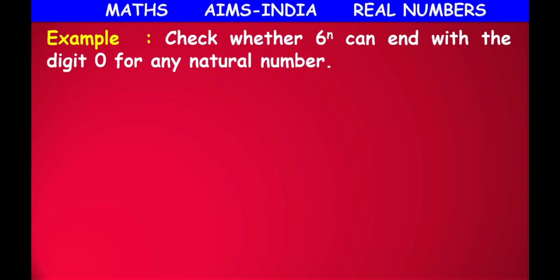They are asking whether it will end with the digit 0 for any natural number. Means in 6 power n, in the place of n, we can take any natural number like 1, 2, 3, 4. If we go on taking the natural numbers, in that value, at one's place, whether 0 will come or not, that we have to check.